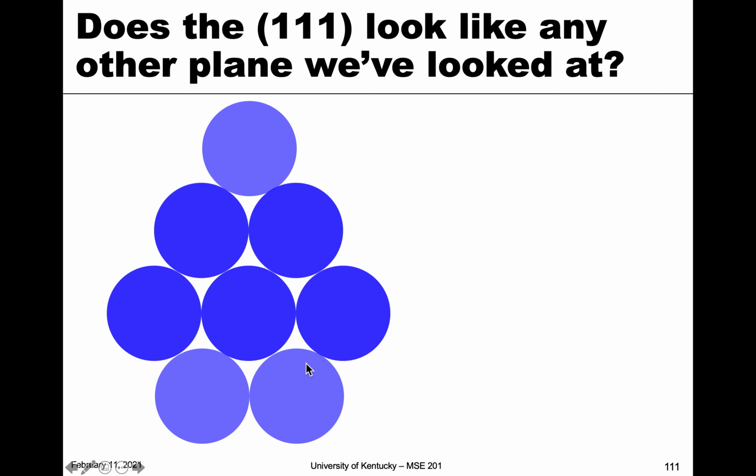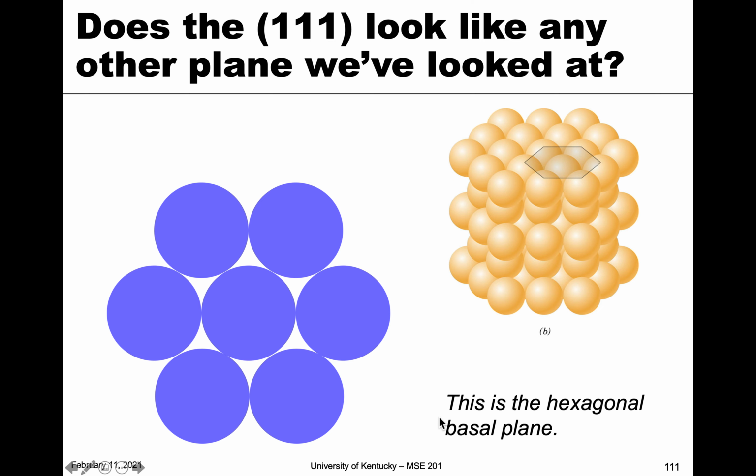And now, if you imagine this and ignore this top atom here and just focus on these, this looks like a hexagon, right? And sure enough, if you just focus on these, this is the same plane as what we see in the hexagonal close packed, right? And so you can see them here. So these atoms are the same as these over here.